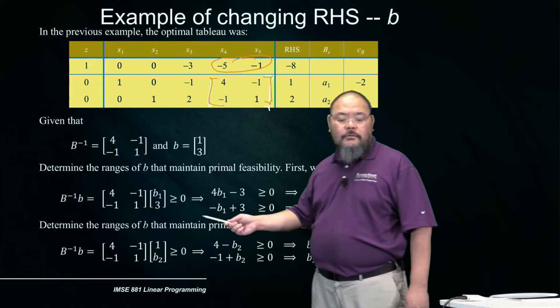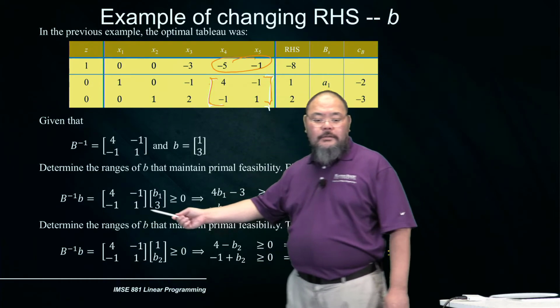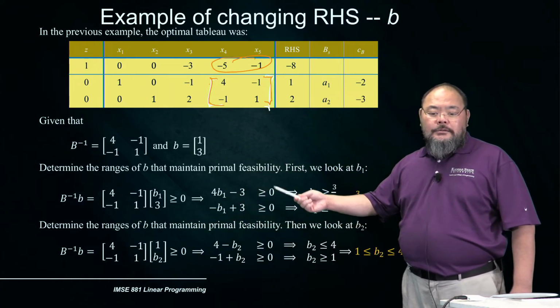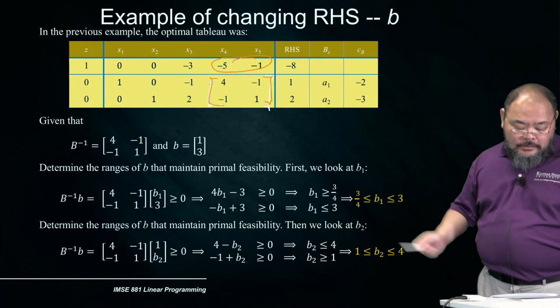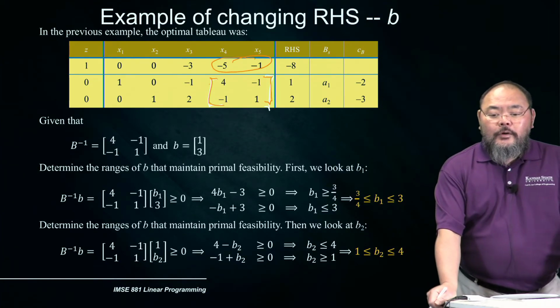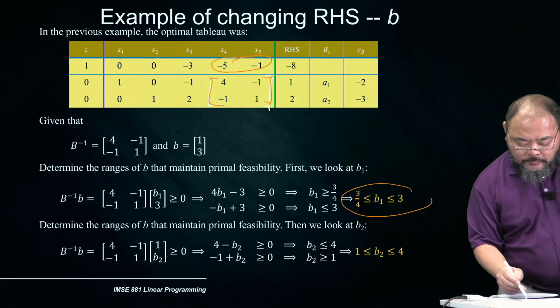Also, from the second row of this B inverse, negative B1 plus 3 is greater than or equal to 0. Based on these together, B1 should be between 3/4 and 3.